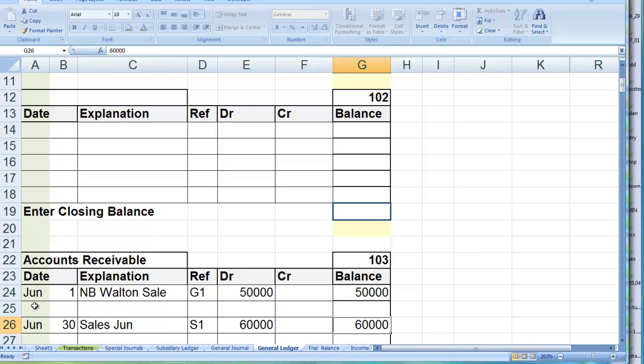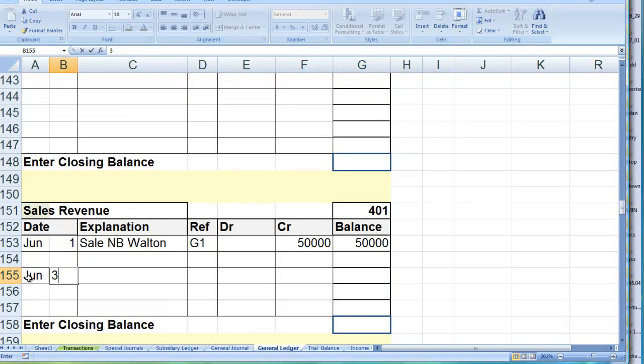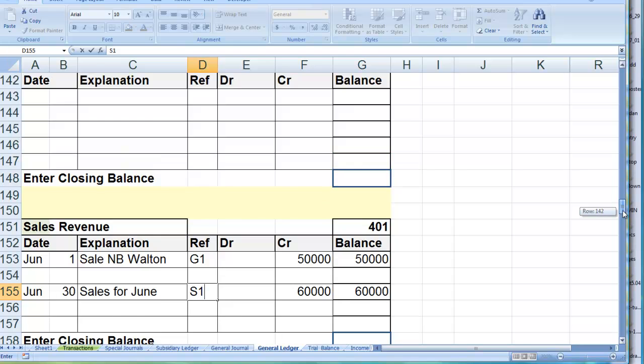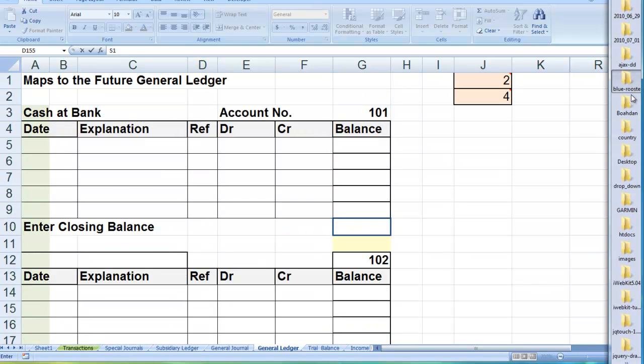So instead of potentially 100 entries in accounts receivable, we would have 1. Then sales for June, credit 60,000, balance 60,000, S1, the sales journal 1, or 401 for sales.